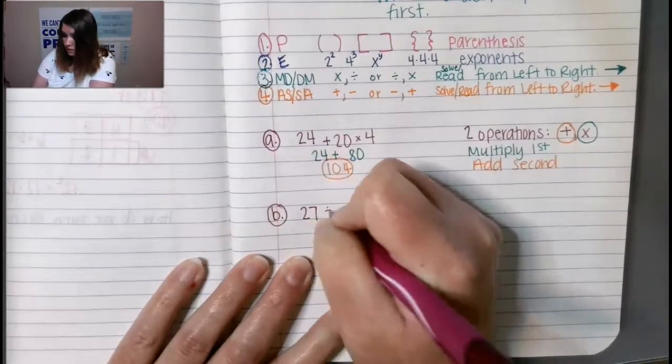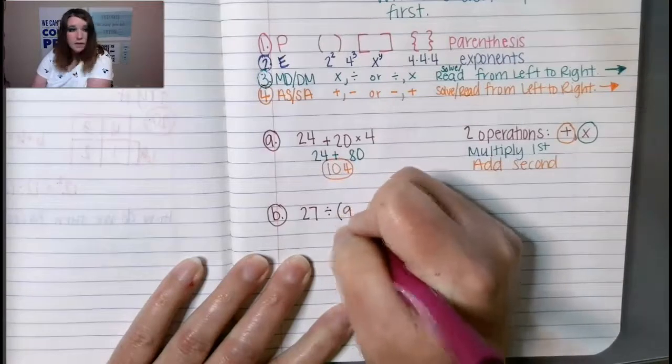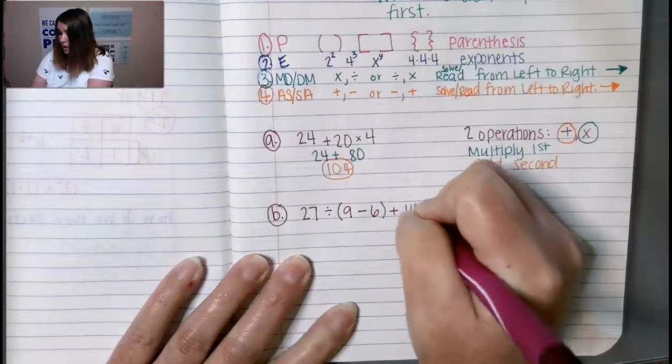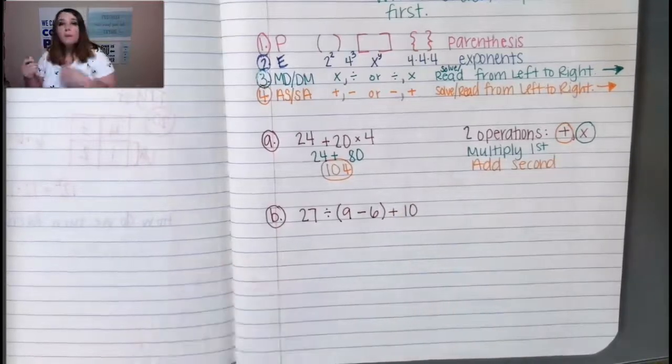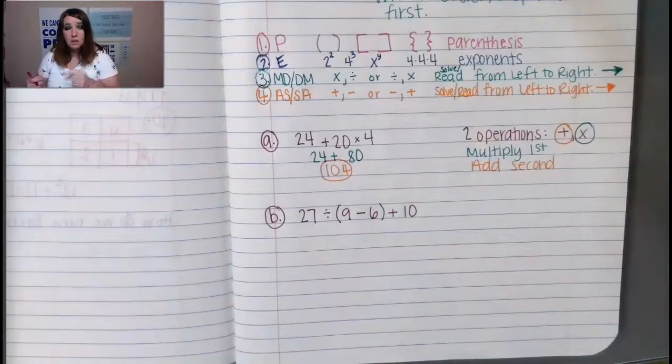27 divided by 9 minus 6 plus 10. Okay, my first step then is going to be to add up all my operations. So I'm going to look and see how many operations I have.